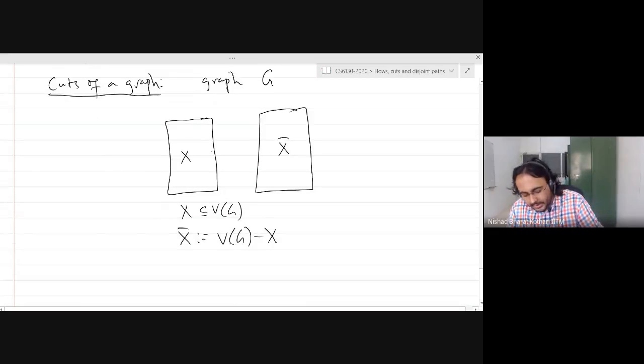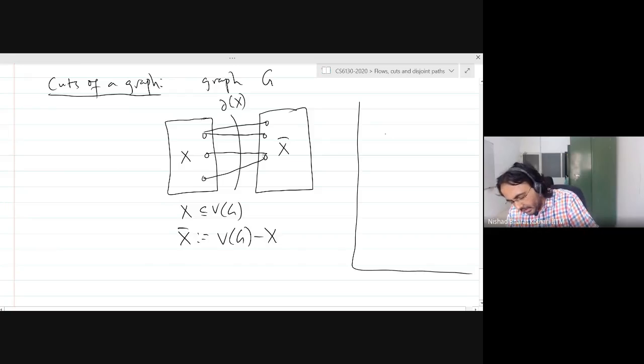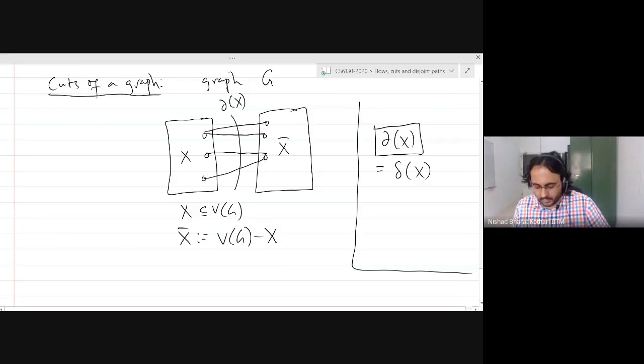And now you look at all edges going from one side to the other side. This set is going to be called partial of X. In some courses you might be used to delta, but I'm used to partial, so I'm going to stick to partial.